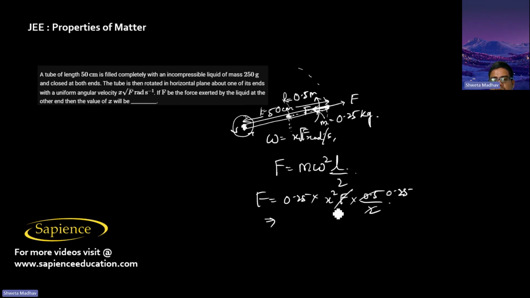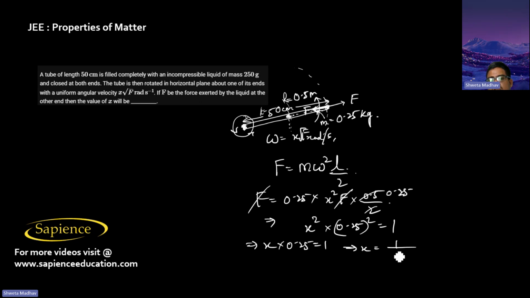So therefore, f will get cancelled. So x square into 0.25 whole square is equal to 1. So x into 0.25 will also be equal to 1. So x will be 1 by 0.25, which is 1 by 4 obviously. So x will be equal to 4. So the value of x is 4. 4 is the answer.